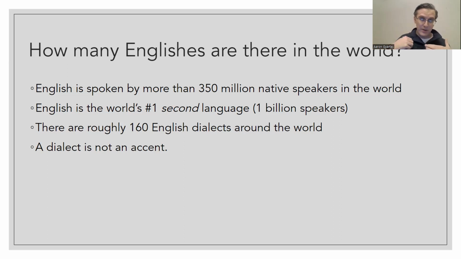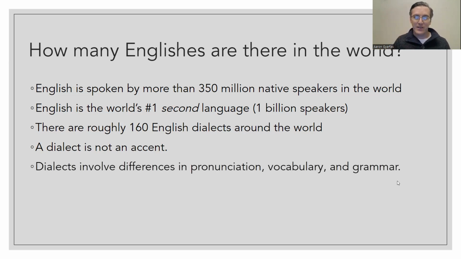And it could also be higher order language skills of discourse, on that discourse level, how we use the language for communication. There are a lot of different differences when we talk about dialects. It's not just accent. Okay, so again, pronunciation, vocabulary, grammar, there could be all kinds of differences.